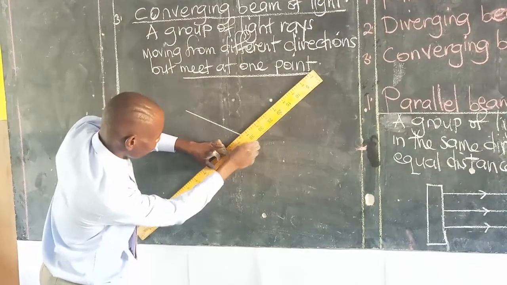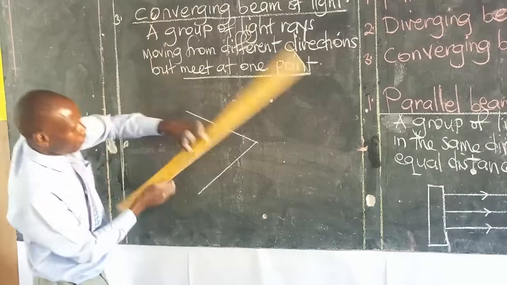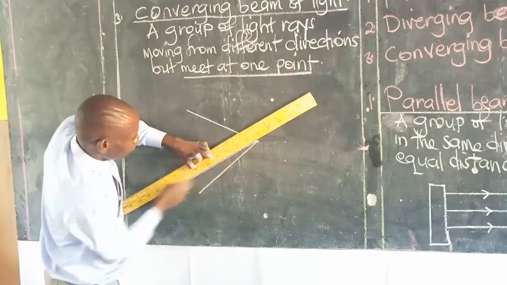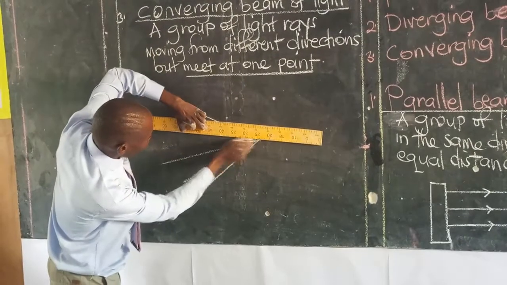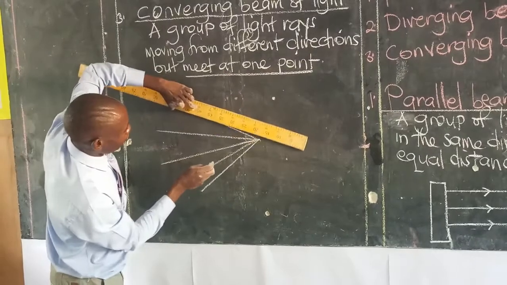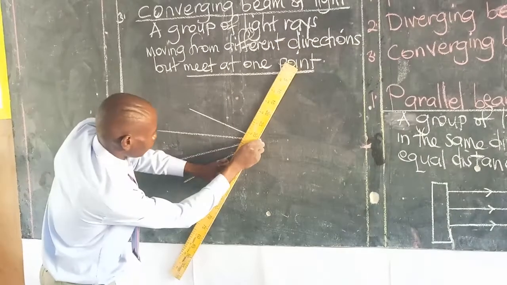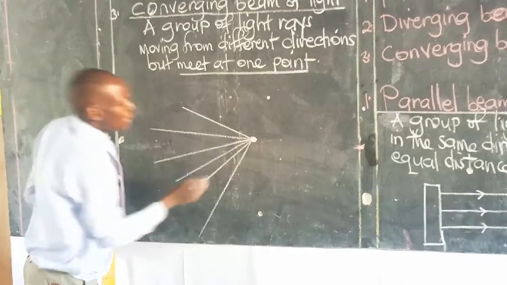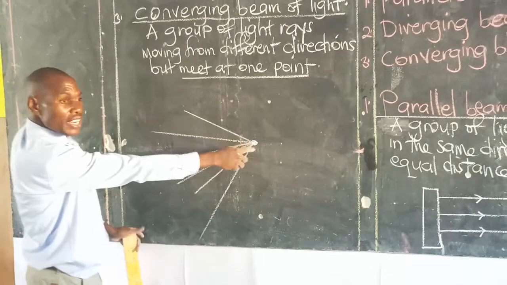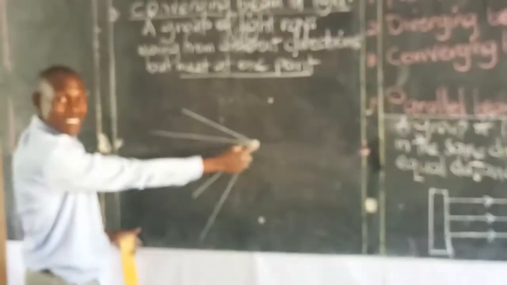We use arrows. Light rays come from different directions, but meet at one point. Now, here, this is not a source of light. This is where light rays meet.